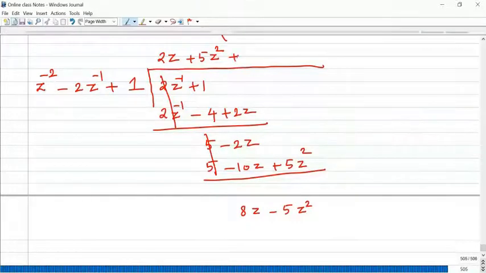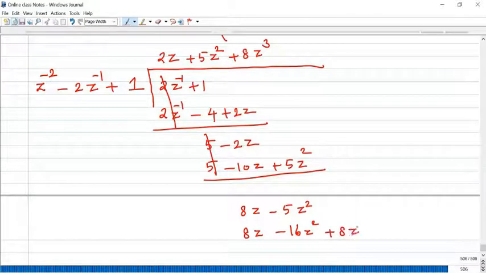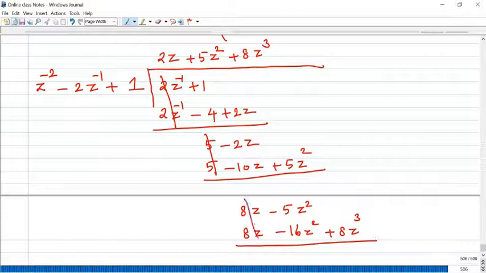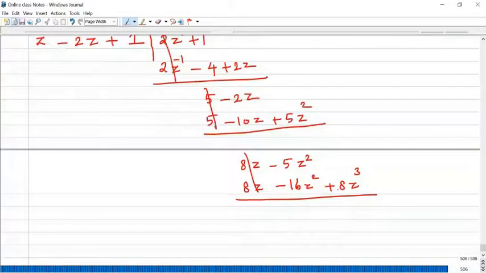Next value, if you select 8z cube, so 8z cube multiplied with z power minus 2, you will get 8z minus 16z square plus 8z cube. Subtract minus 5 minus of minus 16. So we'll get plus 11z square minus 8z cube.